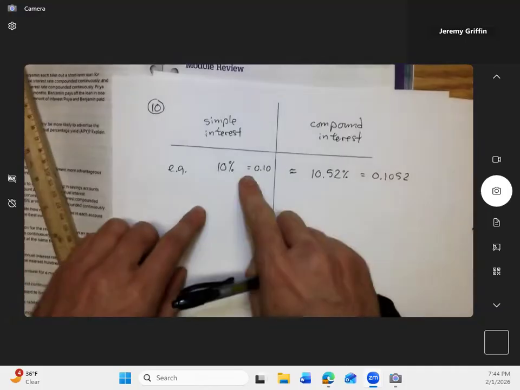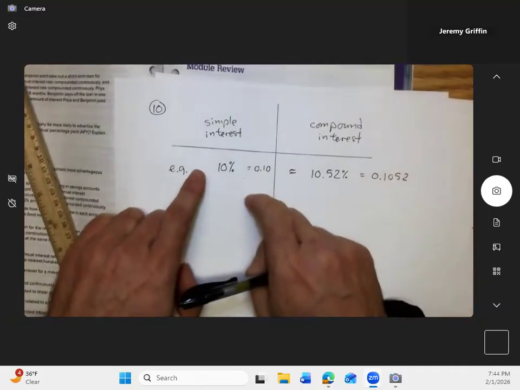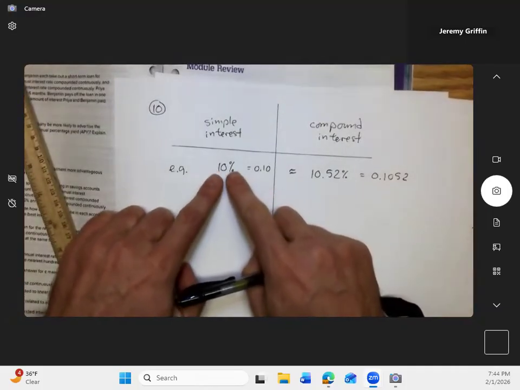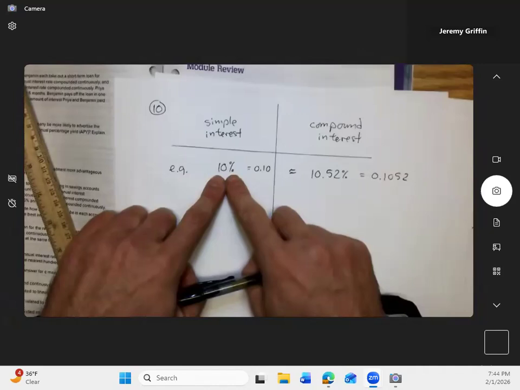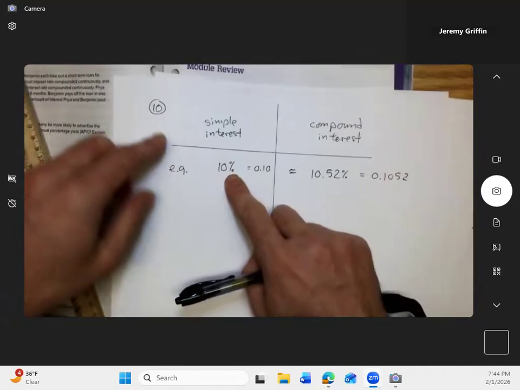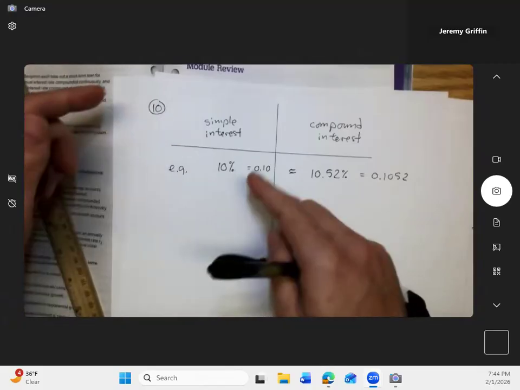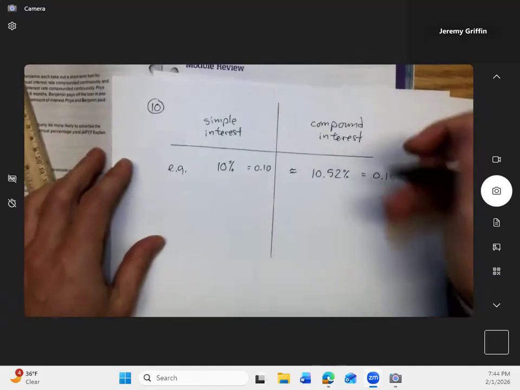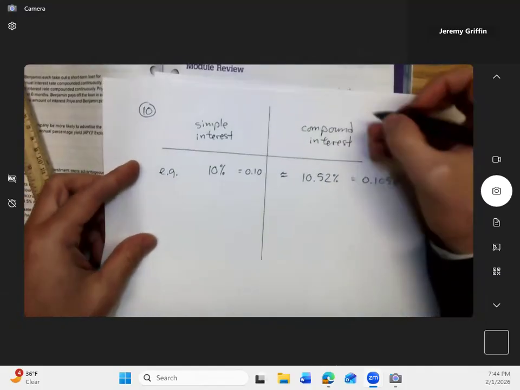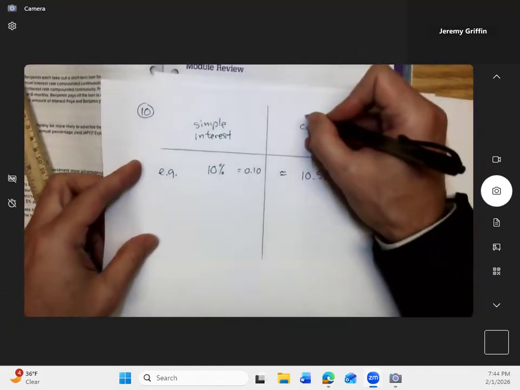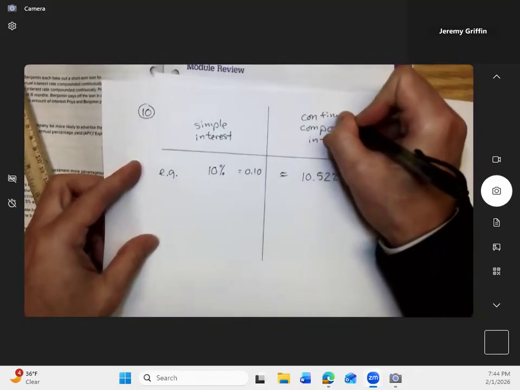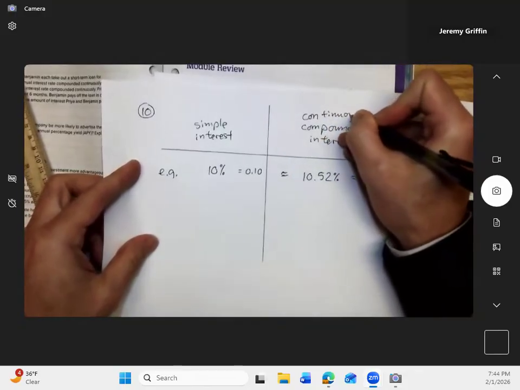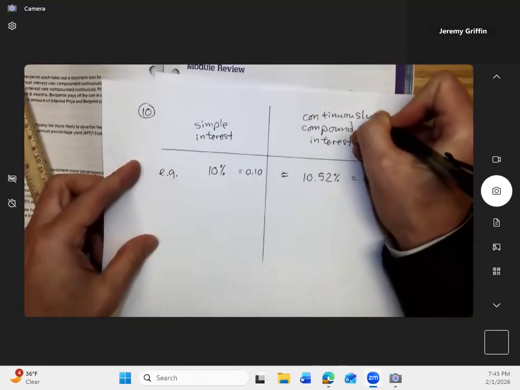Okay. So if a bank was to advertise a 10% interest rate, if it's compounded annually, which is also called simple interest, then the interest rate would actually be 10%. Right? But if it was compounded continuously, I meant to put compound continuously right over here.